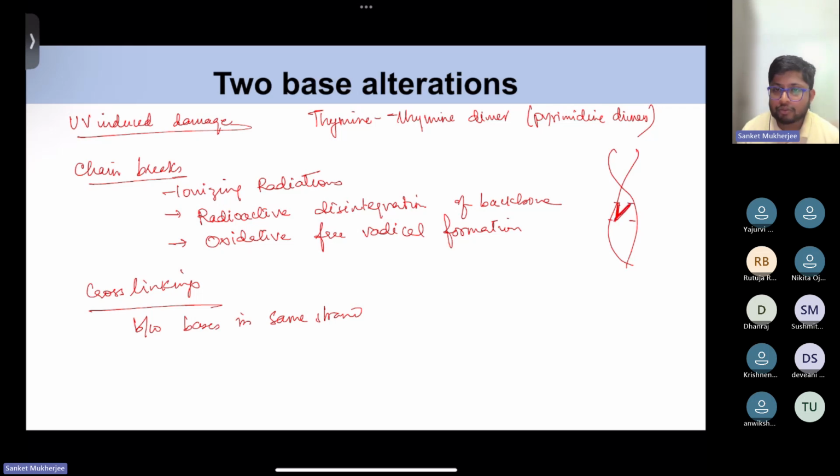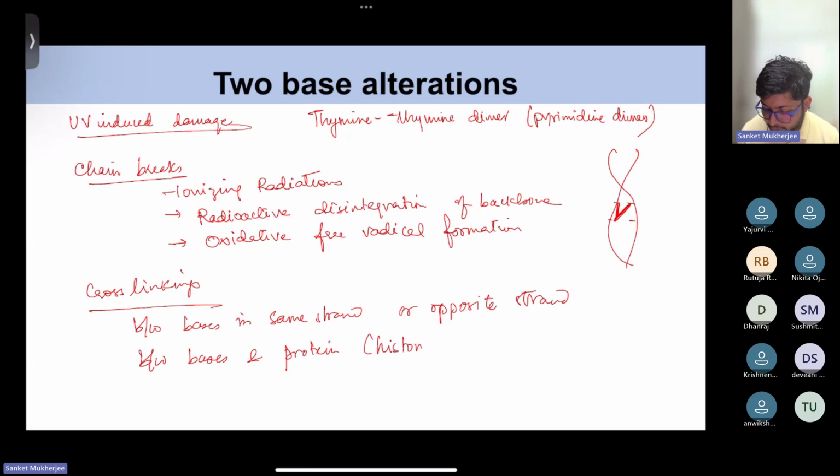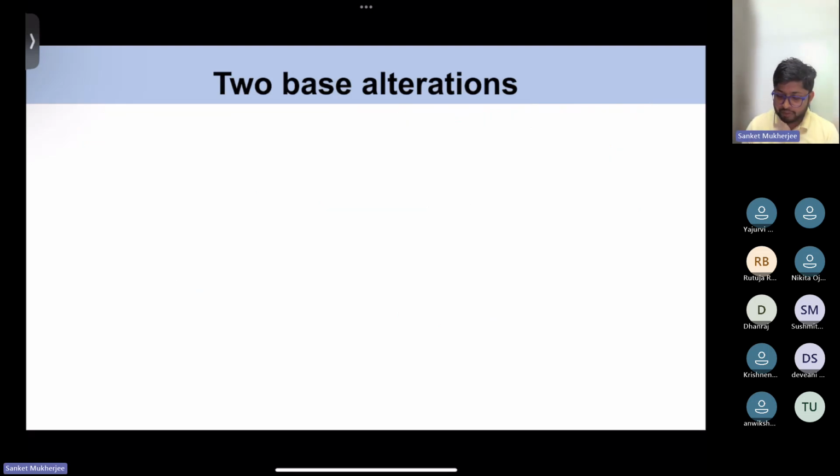So this kind of cross-linking damage could be in the same strand or opposite strand. Based on that, we either call it intra crosslinks or inter crosslinks. And then there could be a crosslinking between the bases and a protein molecule. Here we mean histone majorly, because histone is the main protein involved in compacting the DNA structure, right? So these are some of the things.